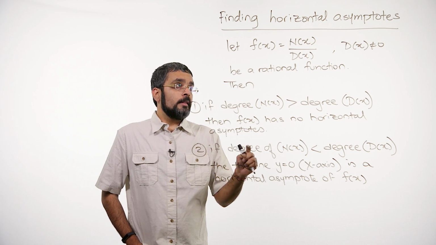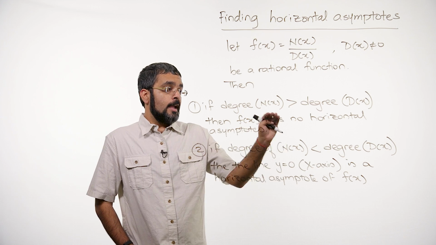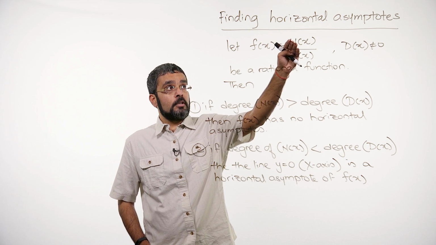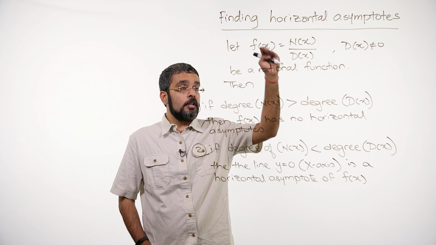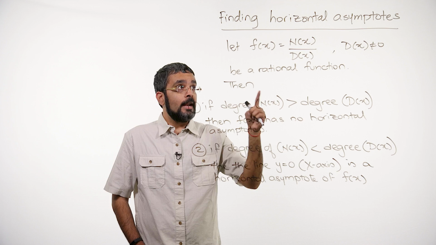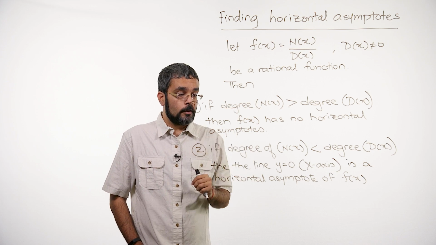So remember one thing, no matter what the rational function is, if the numerator has a lesser degree than the denominator, say the numerator is a squared function and the denominator is a cubic function, y equal to 0 will always be a horizontal asymptote for that function.